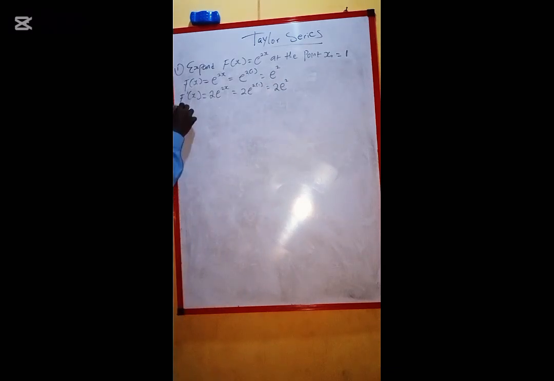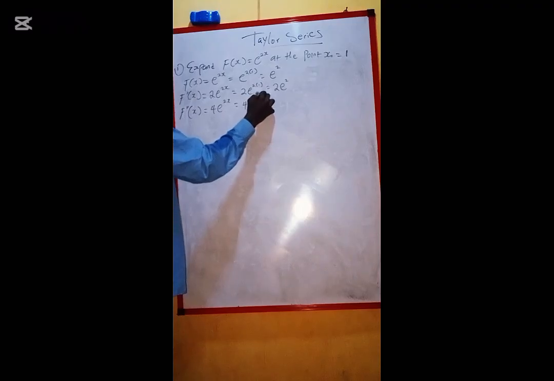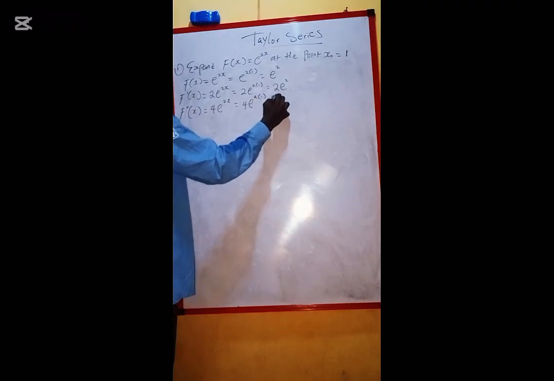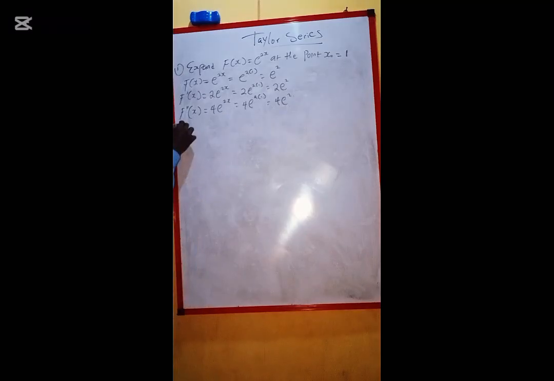Then our second derivative is 2 times 2, which is 4e to the 2x, so 4e squared. Then our third derivative of x equals what?